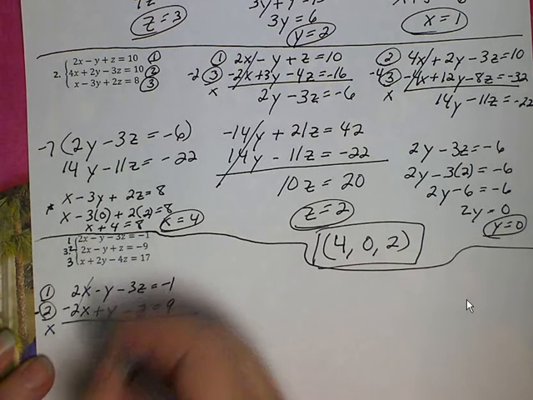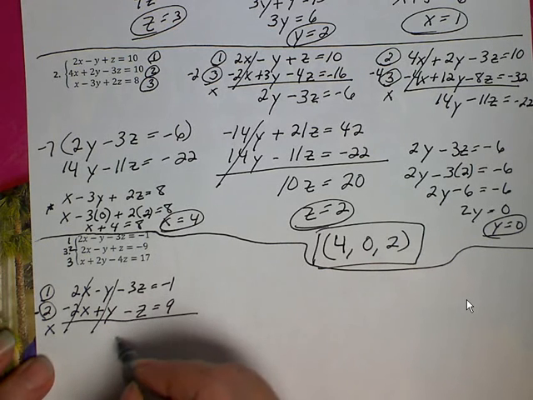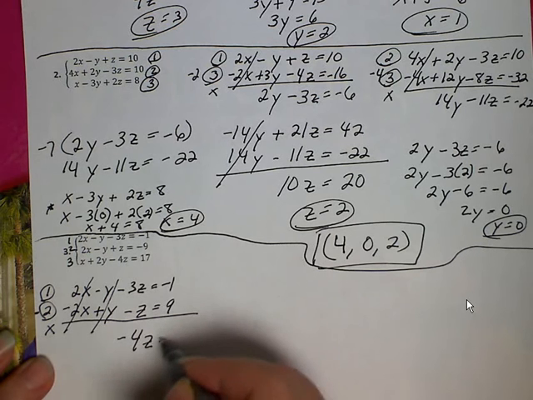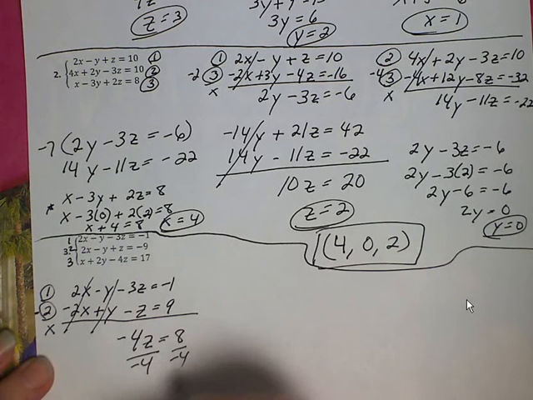X's cancel out, y's cancel out. So I have negative 3z minus z is a negative 4z is equal to 8. So divide by negative 4, z is negative 2.